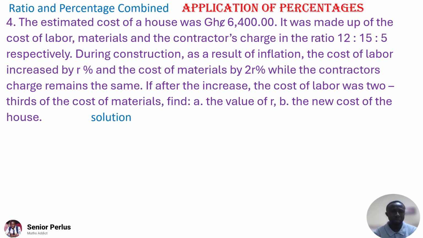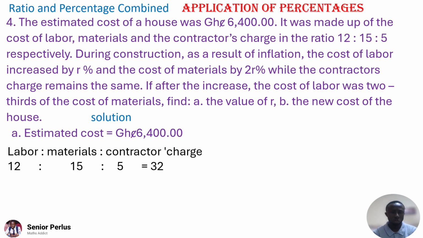Solution. So it was estimated the cost of the house was 6,400 Ghana cedi. Good. And it was made up of the cost of labor, material, and contractor charge in a ratio. So this was the ratio, 12:15:5.